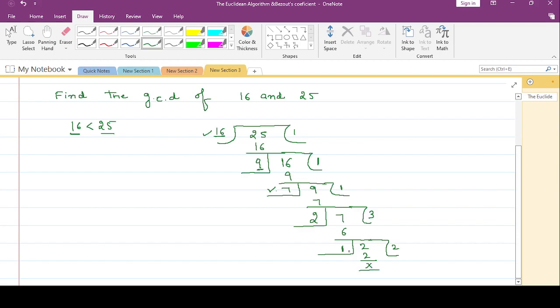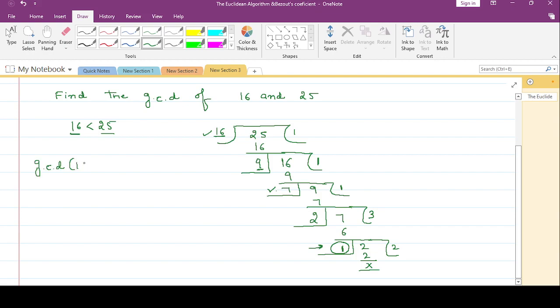Okay, so you see that this last remainder is called the HCF of these given numbers. Okay, so HCF, or you can say GCD, one and the same thing.